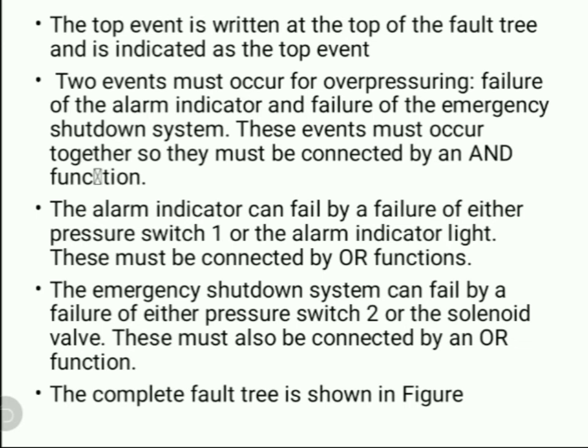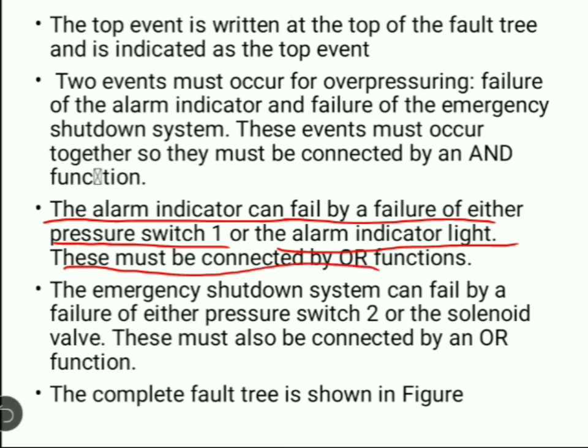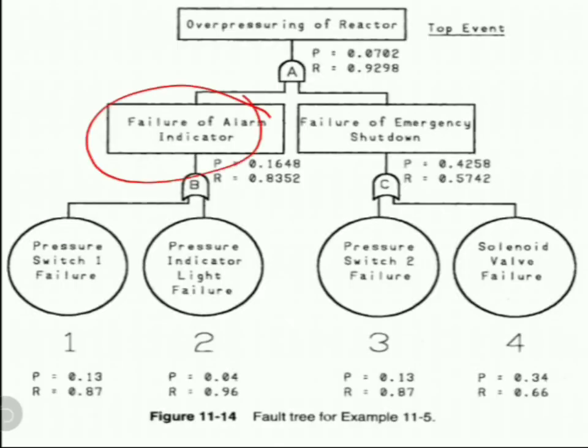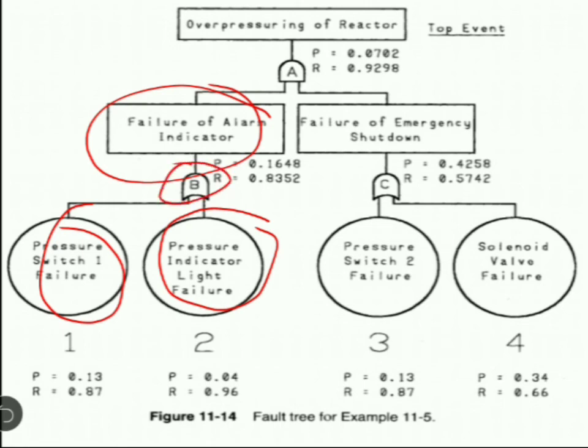Then the alarm indicator can fail by failure of either pressure switch 1 or the alarm indicator light. This is connected by the OR function, since it can happen by either of the two reasons. We write that below and connect it with the OR function.